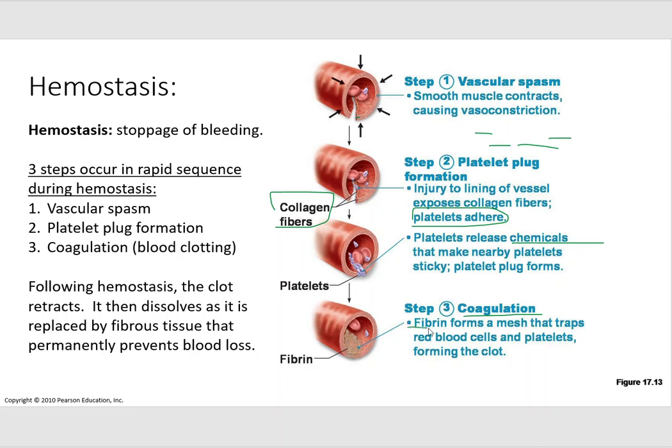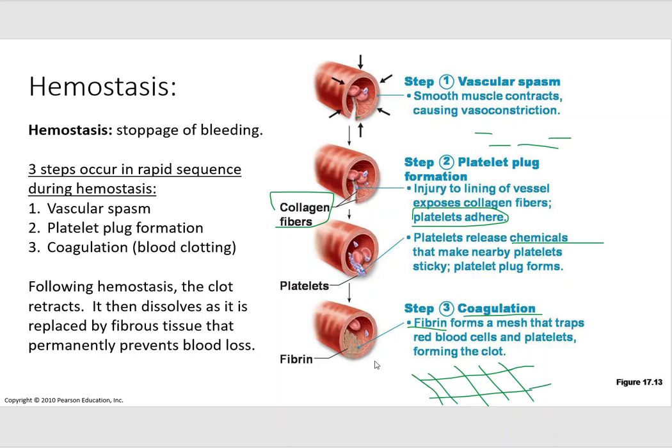Now, coagulation. On top of the platelet plug, we're going to make a little net made of that protein that I told you guys about called fibrinogen. Fibrinogen is turned off. Fibrin is turned on.